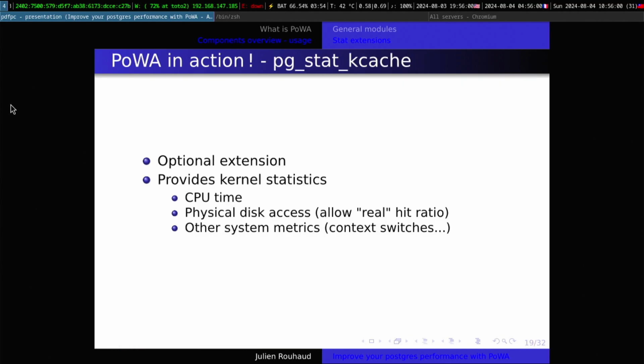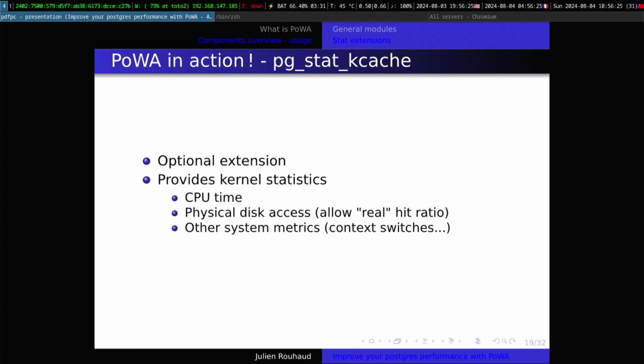Another extension is pg_stat_kcache. The K from kcache is from kernel. It's a wrapper on top of getrusage, if you know the system call. It provides statistics from the kernel, like the CPU usage, so user CPU and system CPU. The physical disk access, which is something you usually want to avoid in a database, because that's really slow compared to everything.